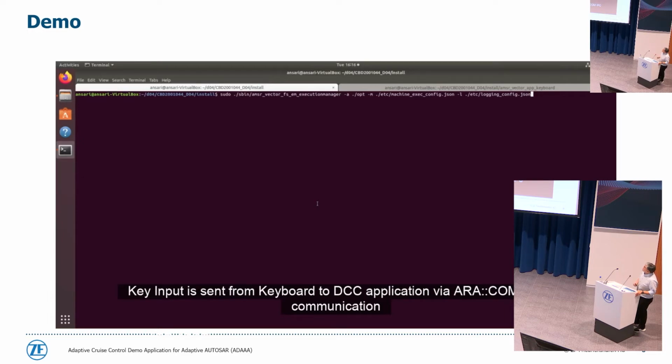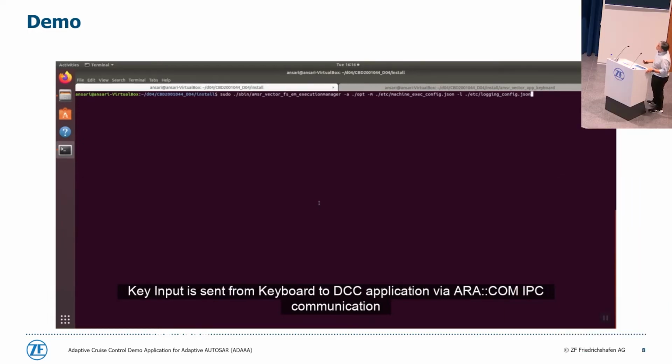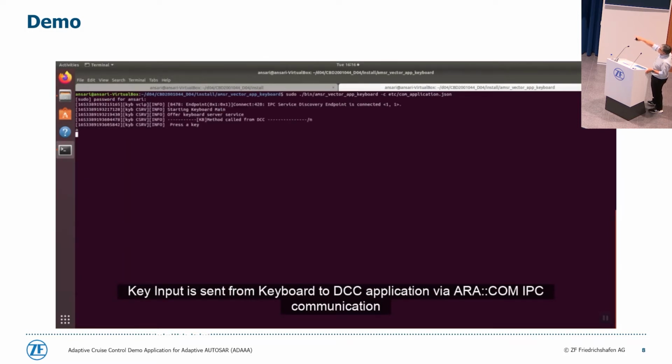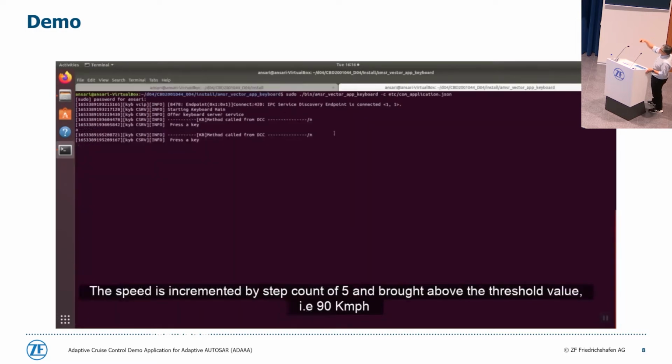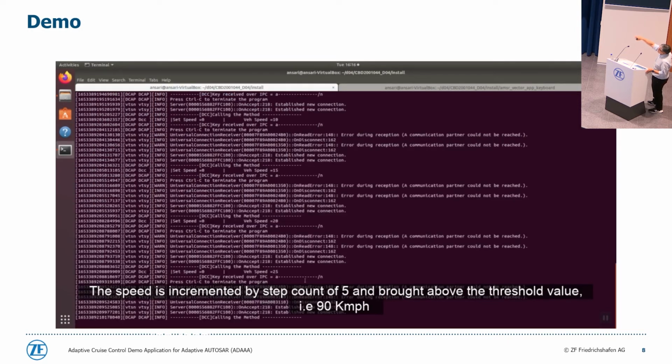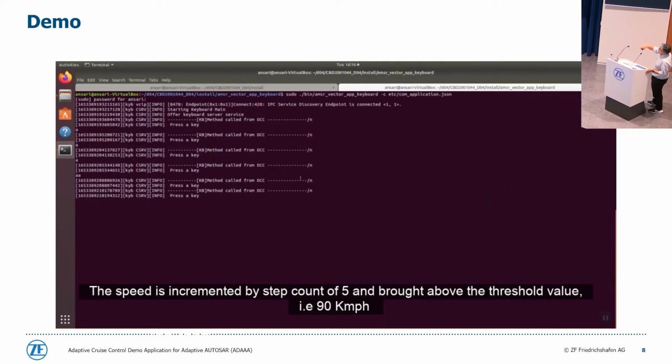Next one is already the demonstration. So what you see here are two terminals. The right-hand one is the keyboard application. The left-hand one, that is at the moment present, is the ACC. And the engineer that is demonstrating here is pushing the button to increase the speed, and on the other side he shows that this button press indeed affects the speed state of this vehicle, so it increases.